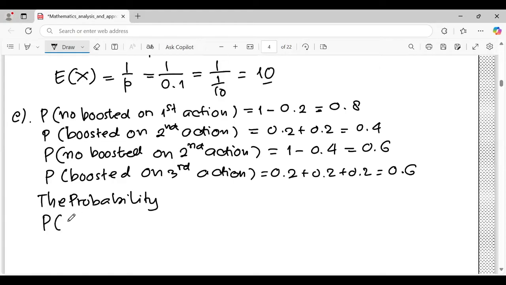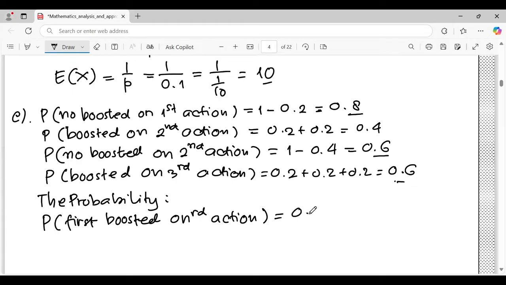The probability of the first boost on the third action is 0.8 times 0.6 times 0.6.